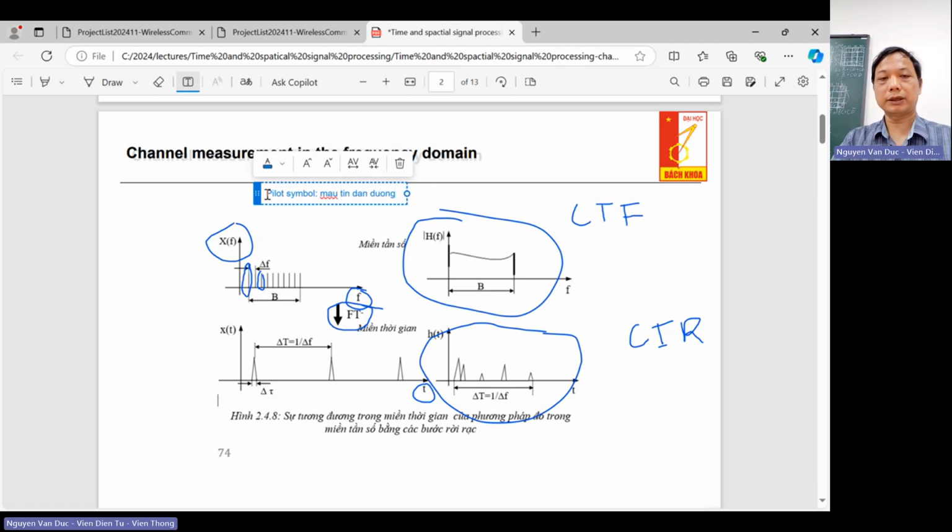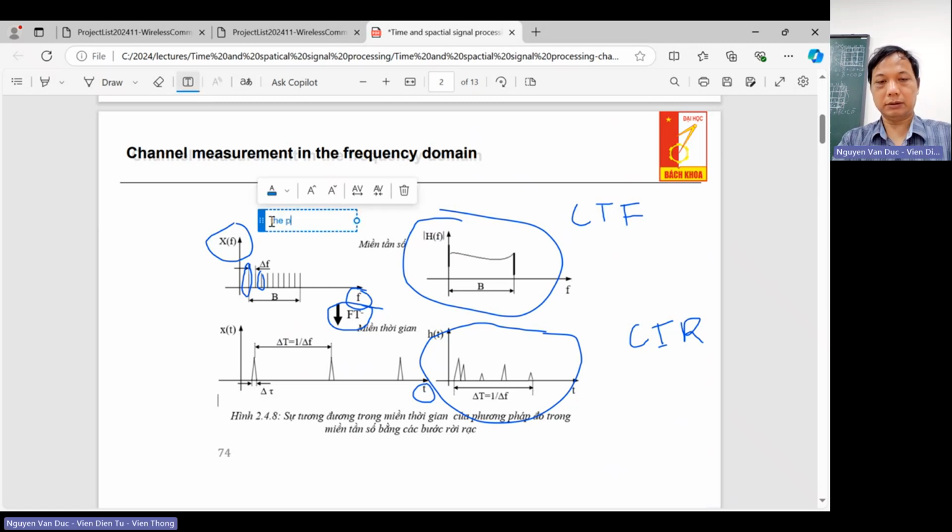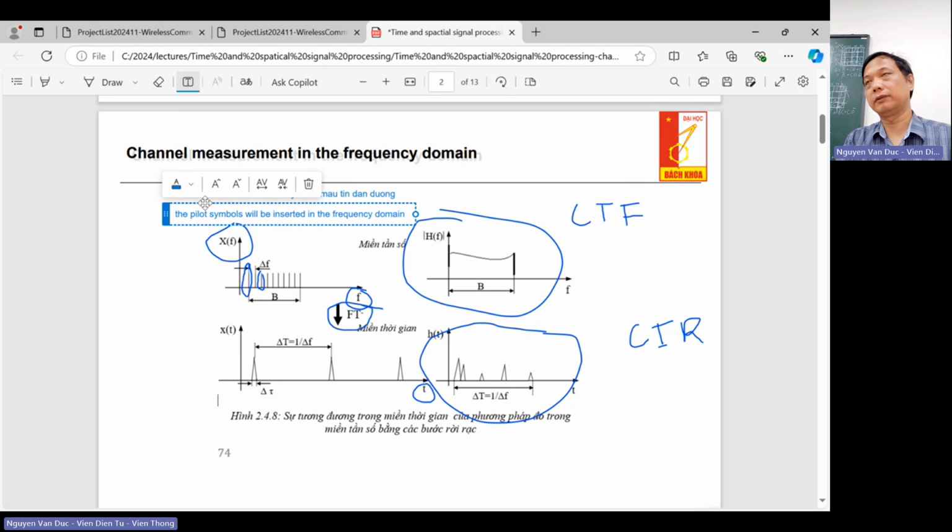The pilot symbol is inserted in the frequency domain. That's the concept. And how does it serve the purpose of channel estimation or channel measurement in the frequency domain? And how does it work?